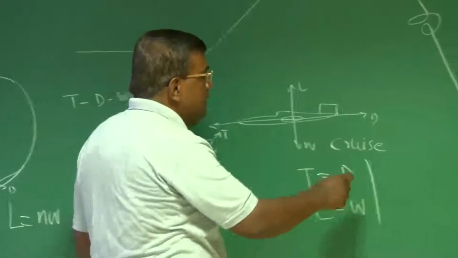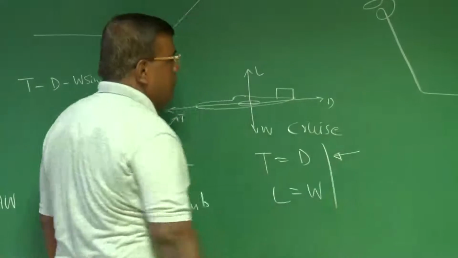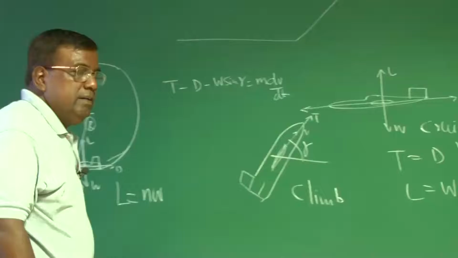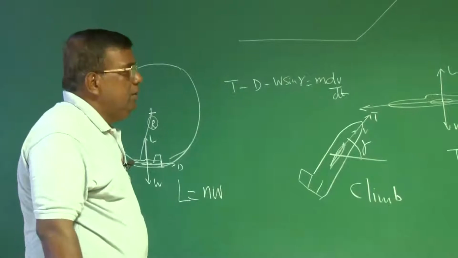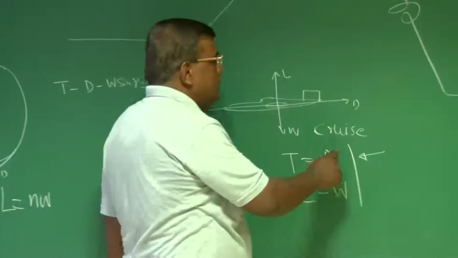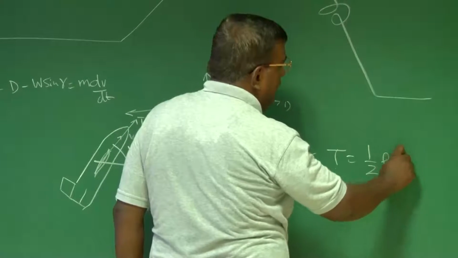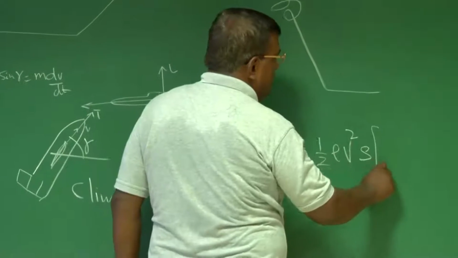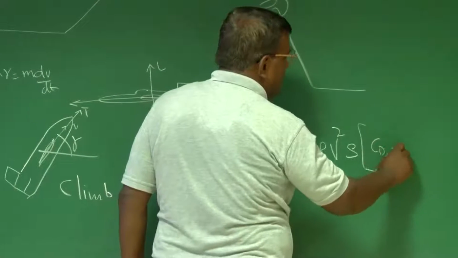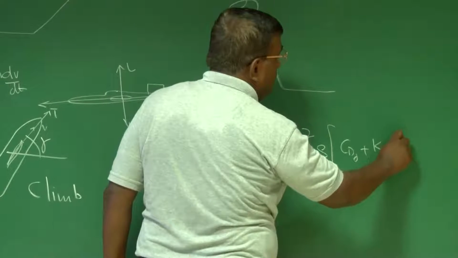If I try to answer that from this mission, the cruise mission, my answer will be I should have sufficient thrust which should be able to balance drag, and that is half rho V squared S into (CD0 plus k CL squared).